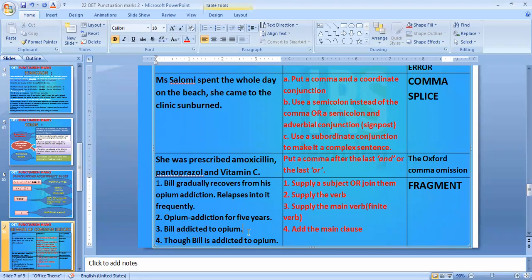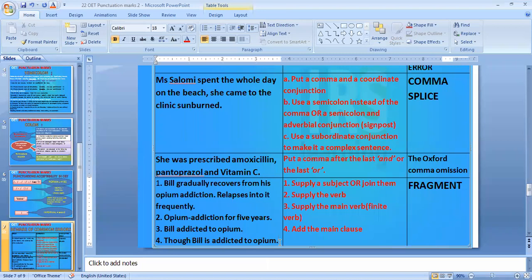Main verb is missing. Number 4, though Bill is addicted to opium. See, it is an adverbial clause beginning. Though or although. You started an adverbial clause, but the sentence is incomplete. You see, there should have been a comma according to the rule. Adverbial clause start, comma, then the main clause, continue the main clause. Like, though Bill is addicted to opium, comma, he can be treated, something.